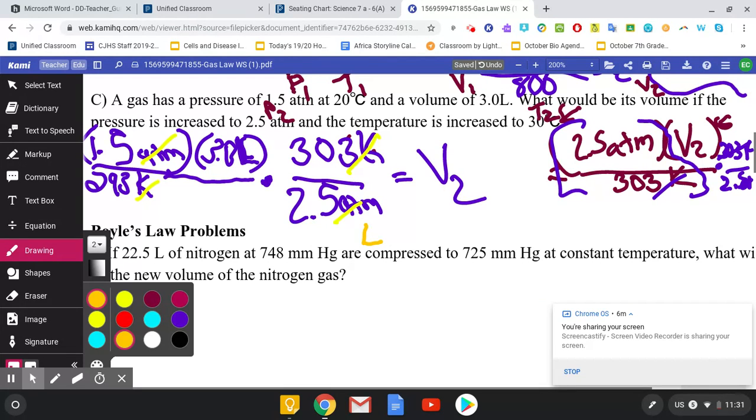If I take 1.5 times 3.0 times 303, I should come up with 1363.5 liters on the top, divided by 298 or 290. Oops, I think that was supposed to be a 290. No, it's 293 times 2.5. You know what, I'm wanting to say that I might have done the math wrong on this one.